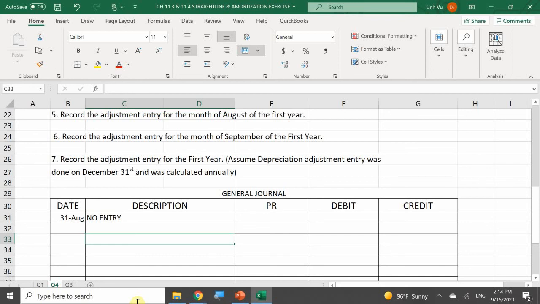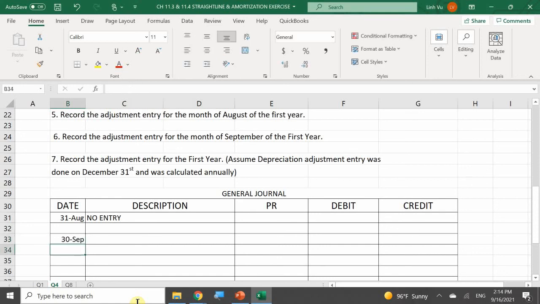So in this case, we would have the depreciation expense of the 2780. Correct. Okay. I think I messed up this date so bad, because I put September 31st.